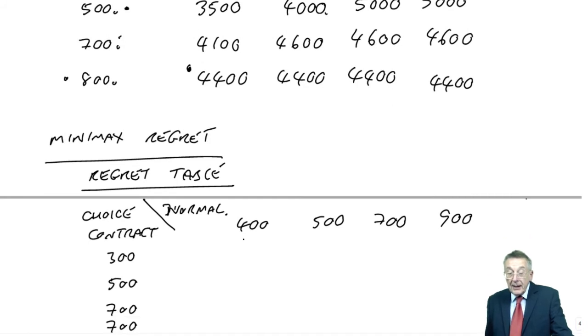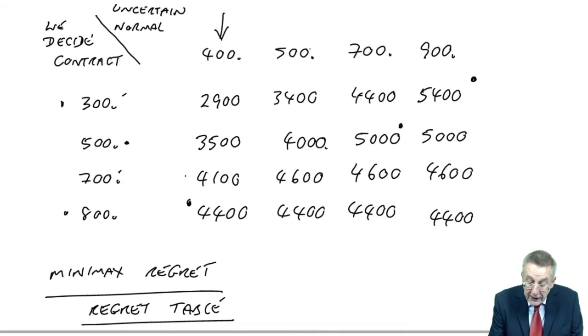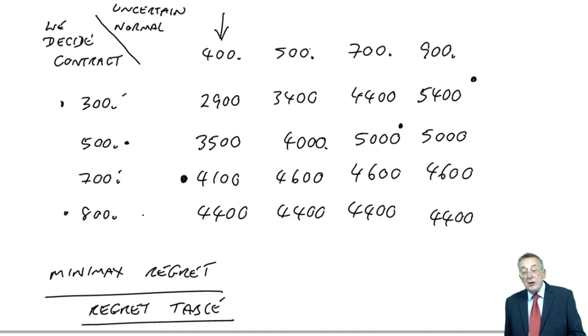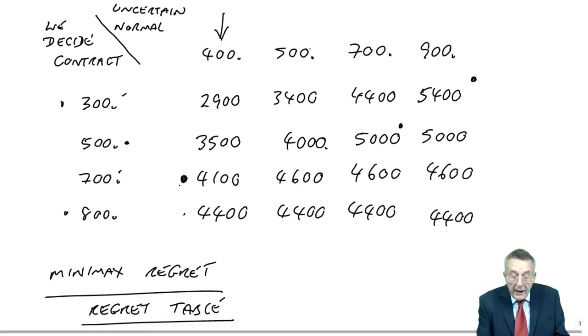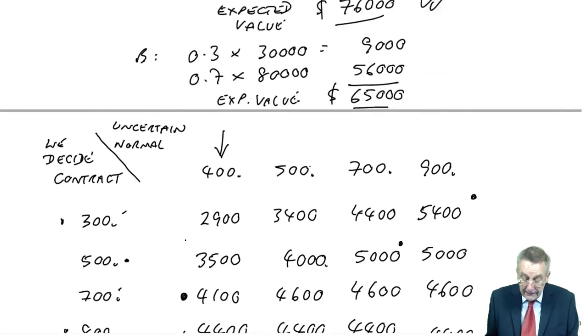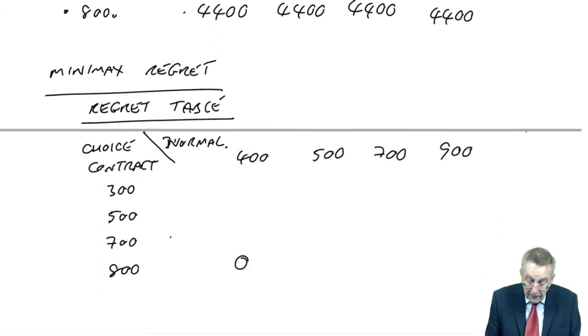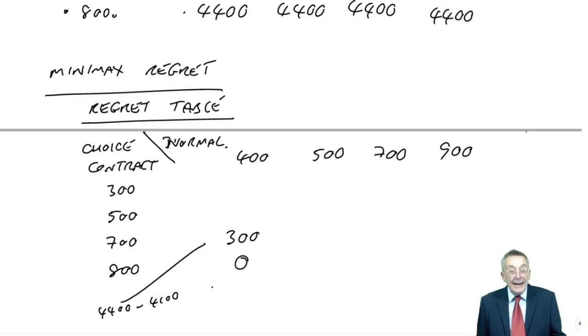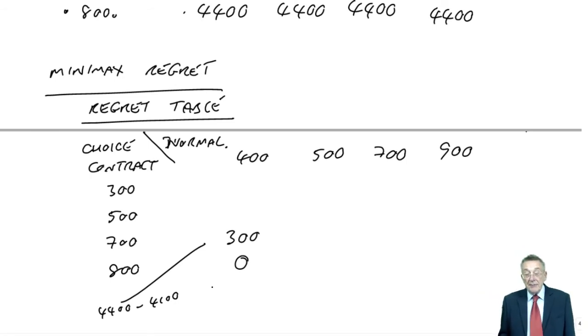But if it was 400 and we'd chosen a contract size of 700, we'll only have got 4,100. We know we could have got 4,400. And so by having picked the wrong one, we've lost 300. 300, which remember is 4,400, what we could have got, minus 4,100, what we have got if we'd chosen 700.